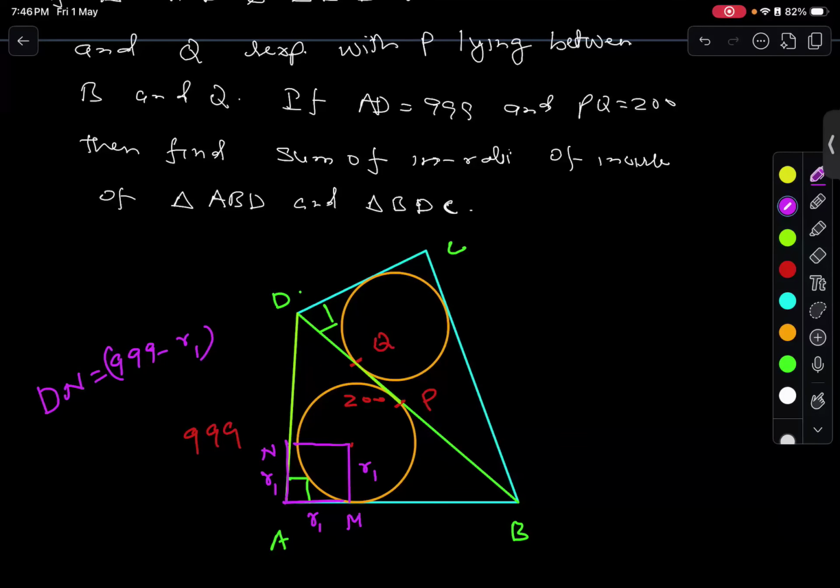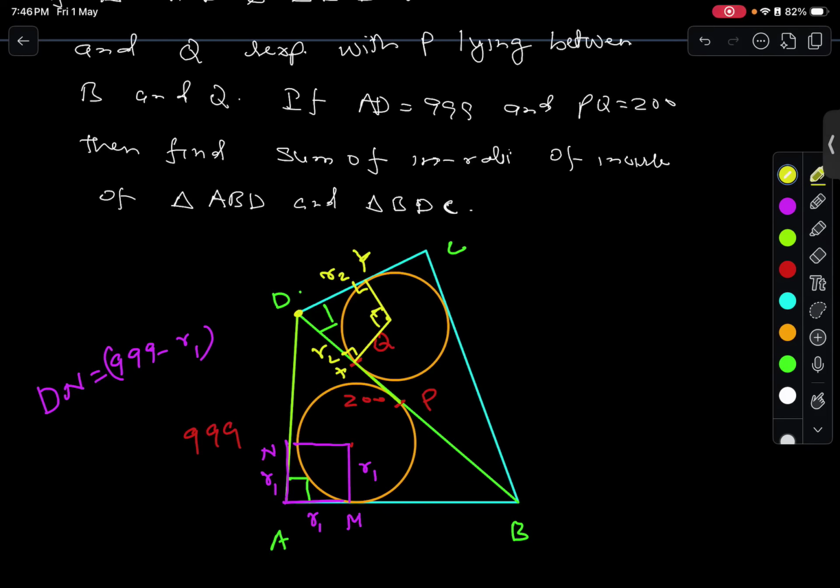Similarly, if I'll go with the second triangle, this is R2 and this is R2. So can I say this is 90, this is 90, this is 90, this will be 90. So this is R2, this will be R2. DX and DY both are R2. Okay, now see.